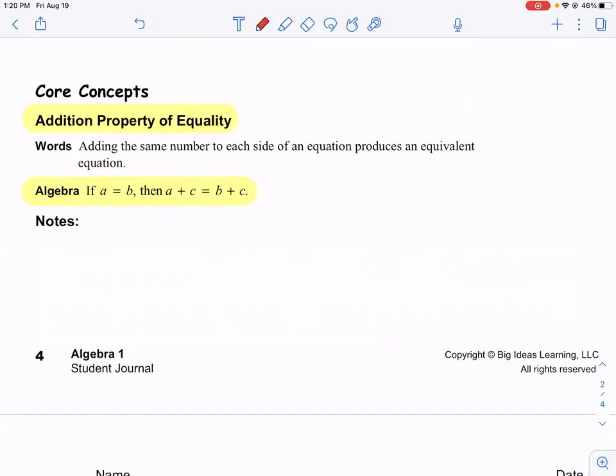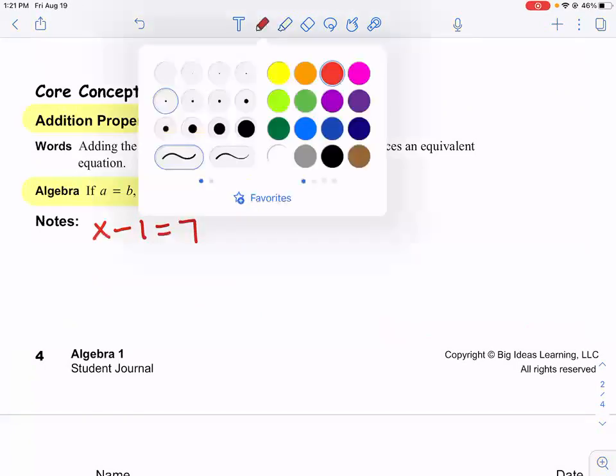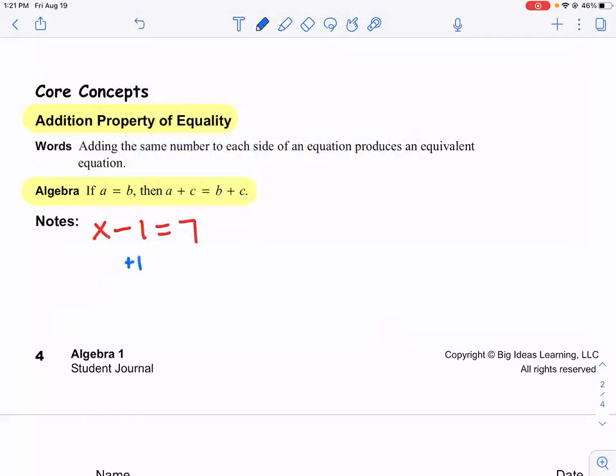Why do I point this out? Well, if I have x minus 1 equals 7, we can add 1 to both sides to get our answer of yes, x equals 8.